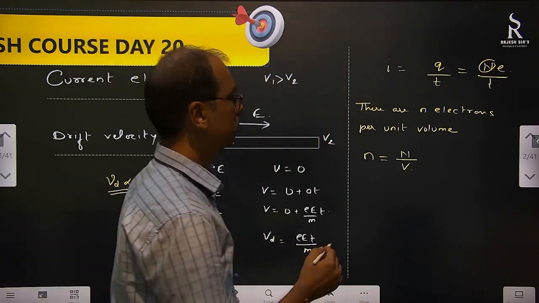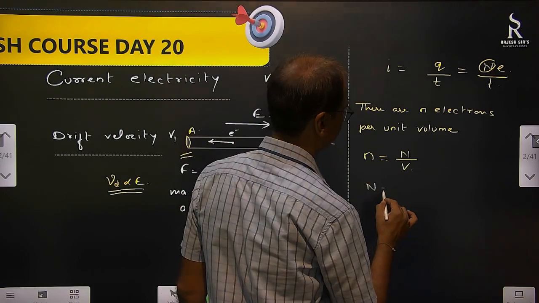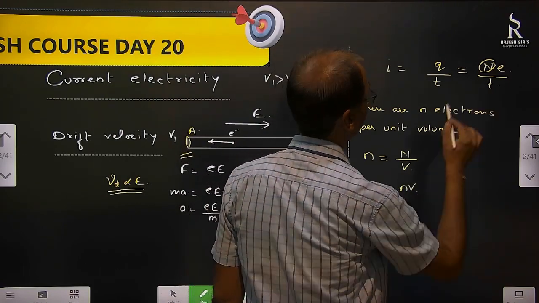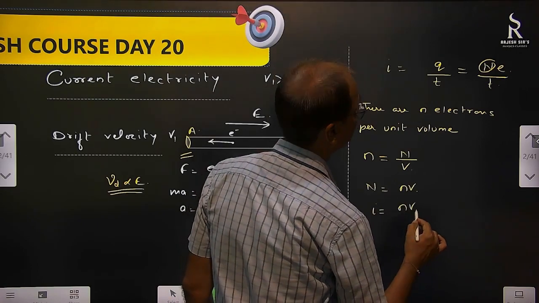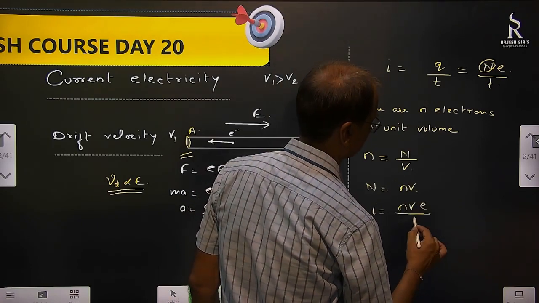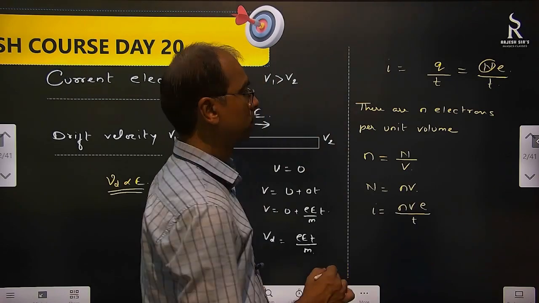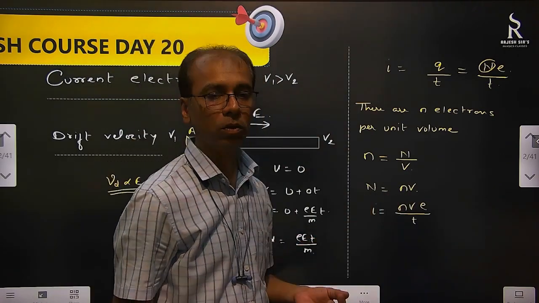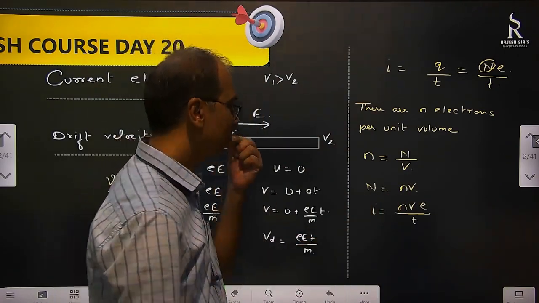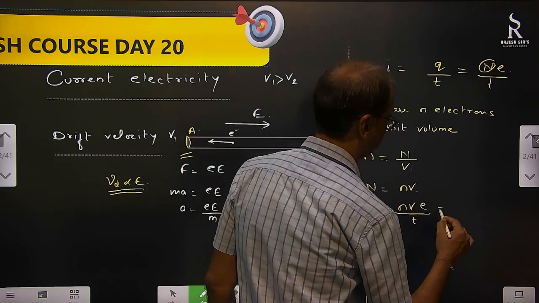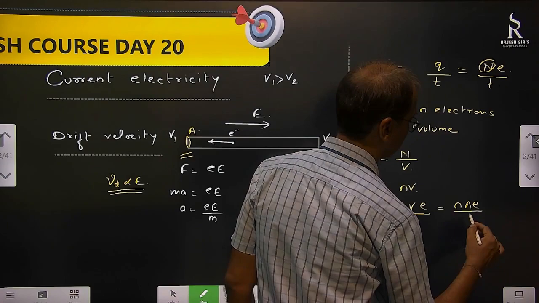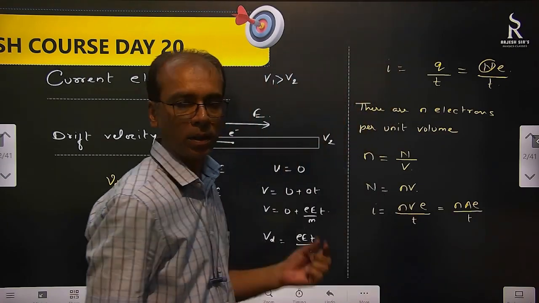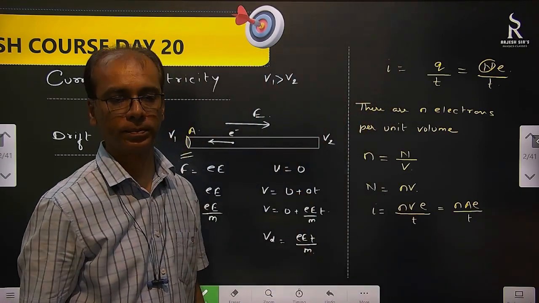So N value is nV. Can we put it over here? Yes. We can write nVe by t. Now what is this? This is velocity? No, this is volume. So volume means what? A into the little distance that it has moved.